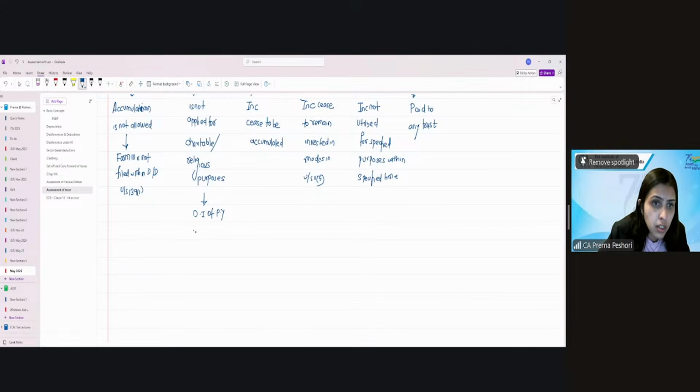previous year of violation, or income of the previous year in which it is not applied.